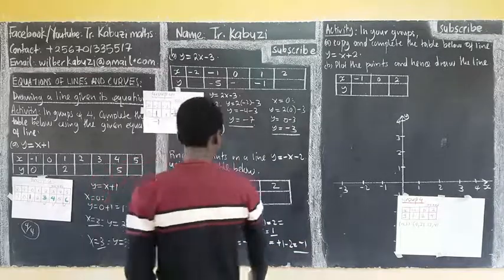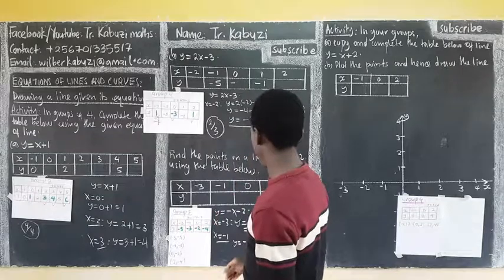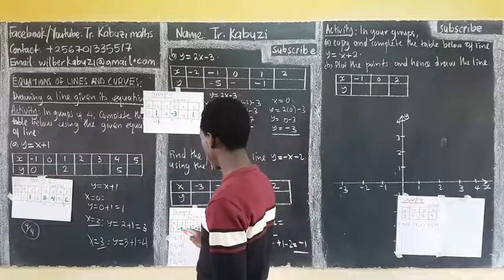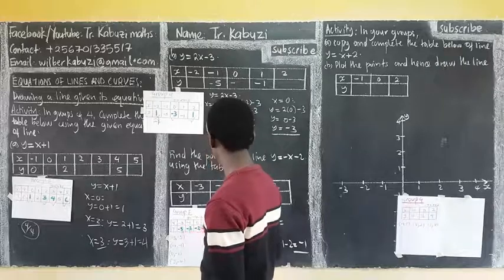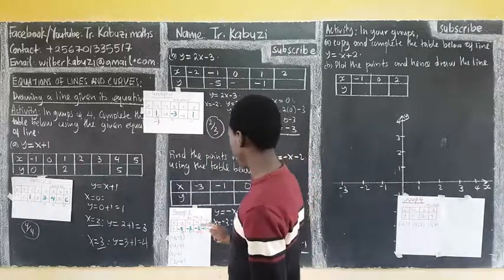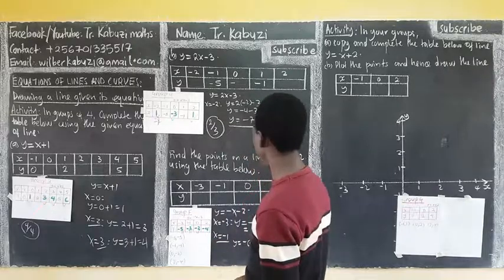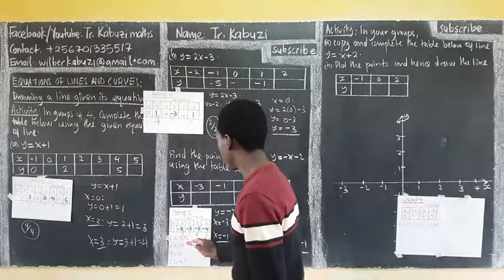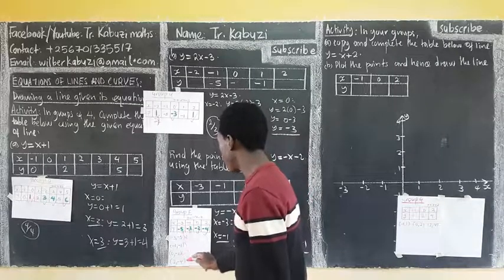So that's what I expected. So this is wrong. Then when x is 0, they put there 0, so this is right. And when x is 2, this is also right. So these 2 points are wrong. These ones are very okay.